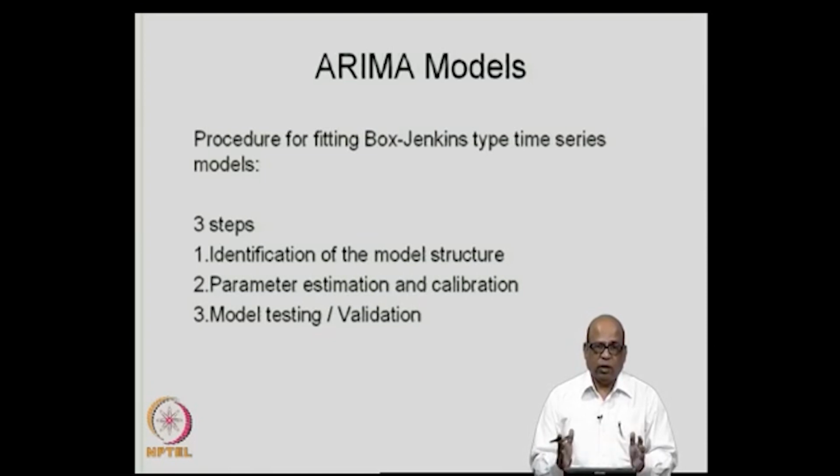Depending on the length of the data, you build the model on n by 2, or if the data is fairly small, then you do not have an adequate number of values on n by 2, and therefore, you may have to go with 3 n by 4, or 75% of the data, to build the model and the remaining part to test and validate the model.